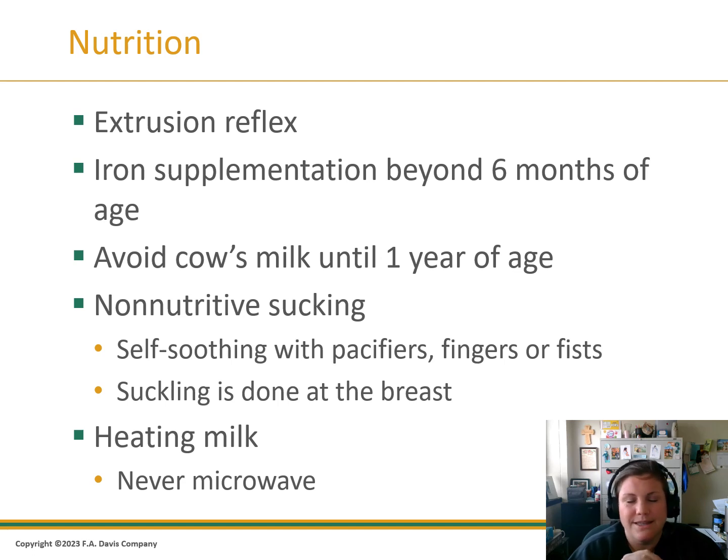And the reason that that's generally avoided until then is because they have this extrusion reflex where they're going to force out or push away solid foods before that time frame. So once that reflex goes away, that's one good indication the baby's ready to start having that solid nutrition.